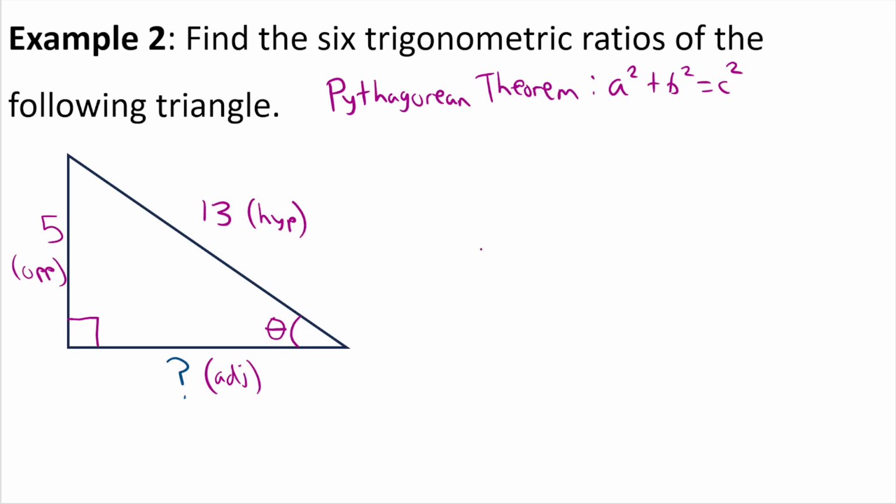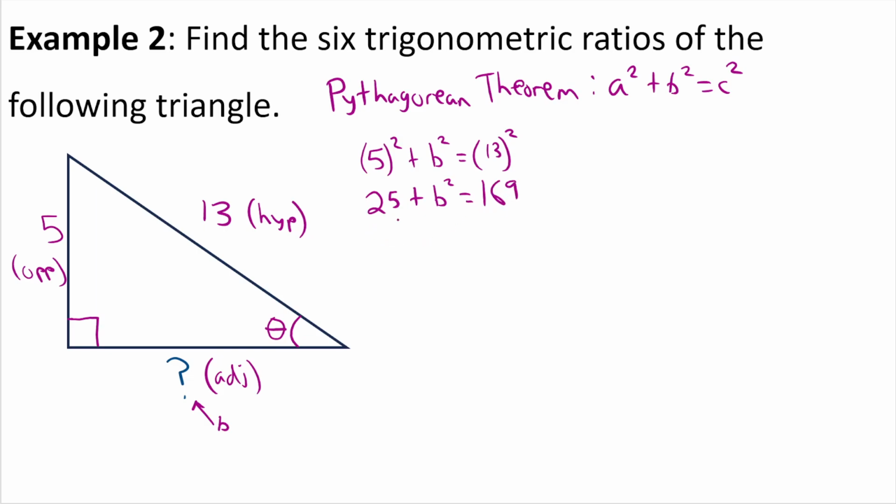Since we're missing a leg here, let's say that b is what's missing, so I'll call this one b. Plugging this into the Pythagorean Theorem, it would be 5 squared plus b squared equals 13 squared. That gives me 5 squared is 25 plus b squared equals 169, which is 13 squared.